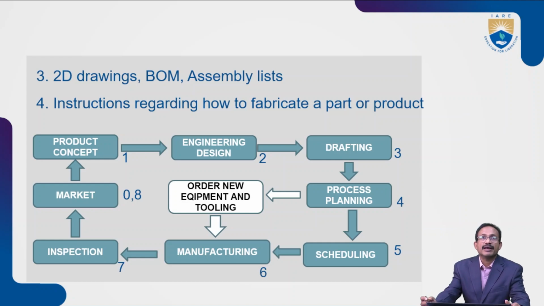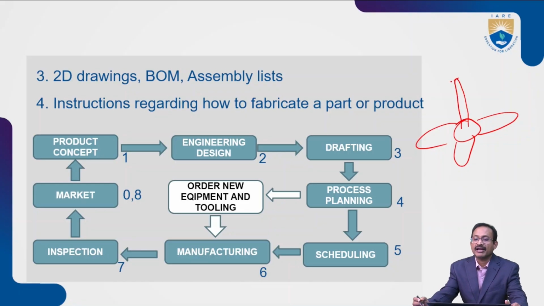Next one, BOM, bill of materials and assembly lists. What does it mean? What is a bill of materials? Let us say the product is a ceiling fan. Here there are three wings, one, two, three.